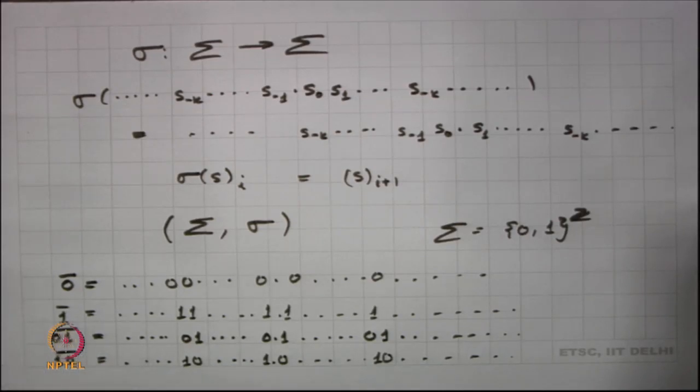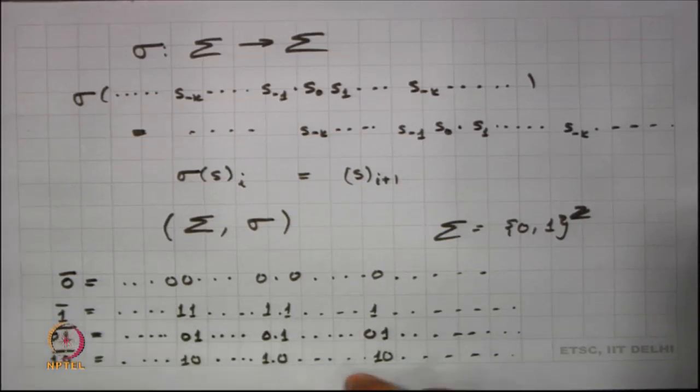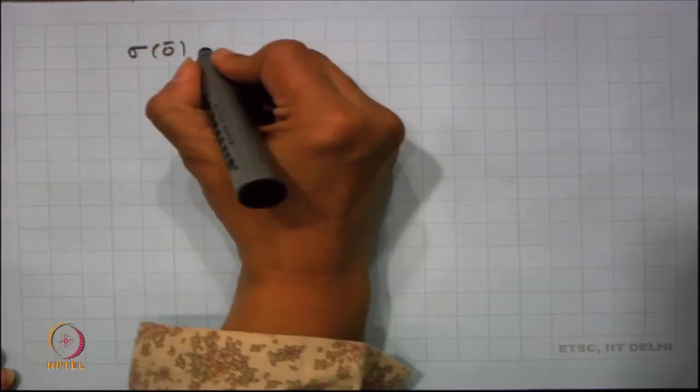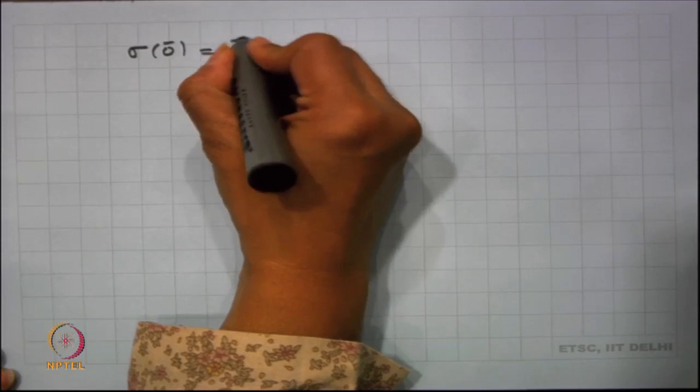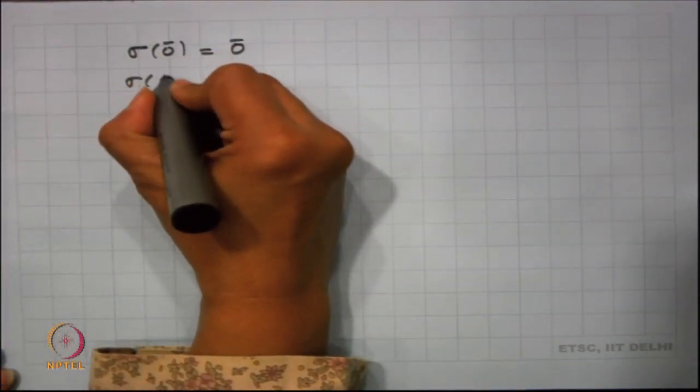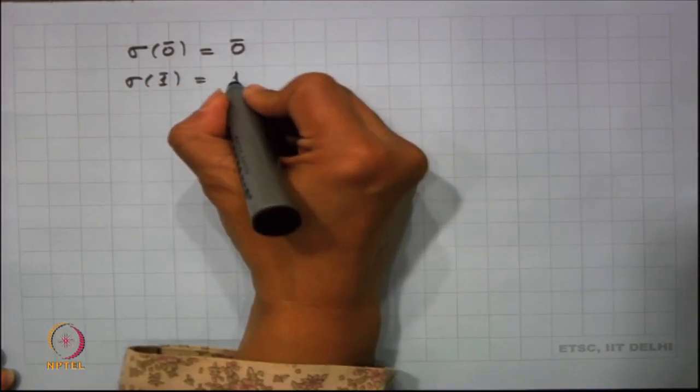These are alternating sequences. What we find is that 0 bar remains fixed under sigma, and 1 bar remains fixed under sigma.